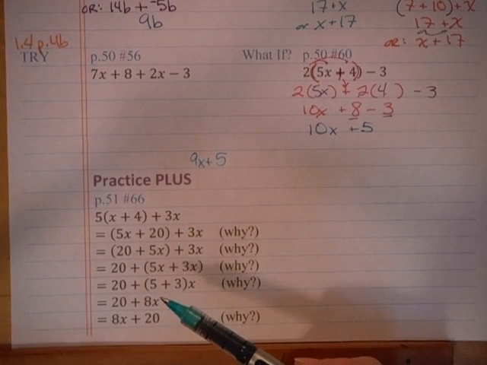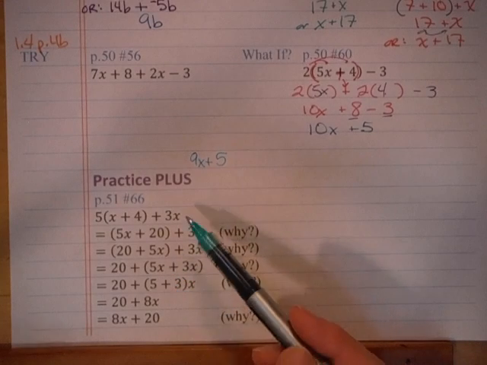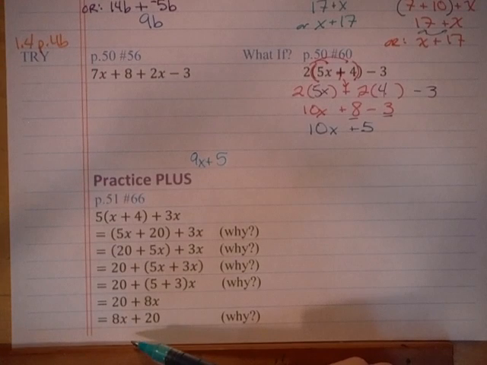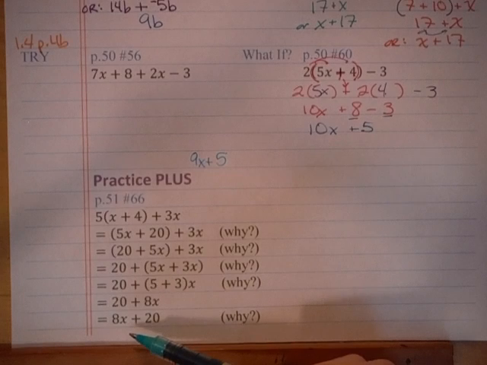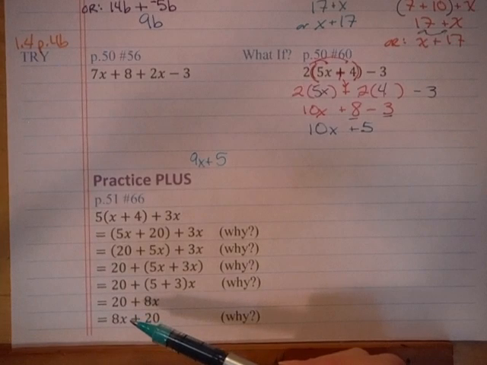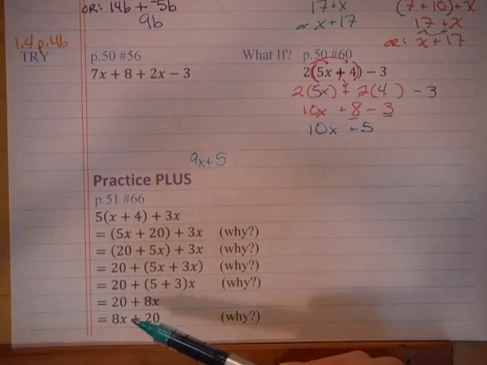I'm not the type of teacher that says you have to do it exactly like I do it. Okay? Now, your work has to be neat and readable, but your steps might look a little different. You might not switch things around. You might do some of these things in your head. You might not undistribute at one of these bottom steps here that I'm going to show you. So, I've said it a couple times already in this set of lessons, but find a method that makes sense to you and it's getting you right answers consistently.